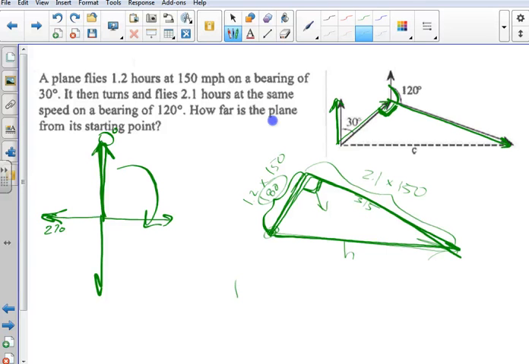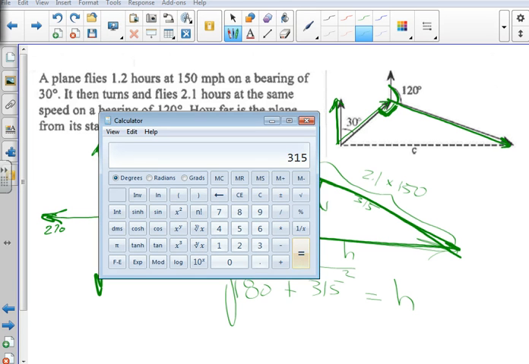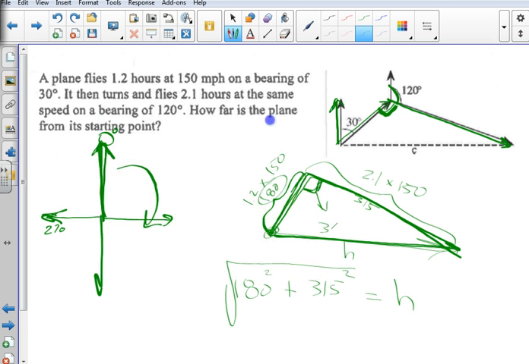I can say that 180 squared plus 315 squared, take the square root of it, and that'll give me that h, that distance I'm looking for. So 315 squared, boom, plus 180 squared equals, and then I take the square root, 362.8. So this distance would be 362.8 miles.